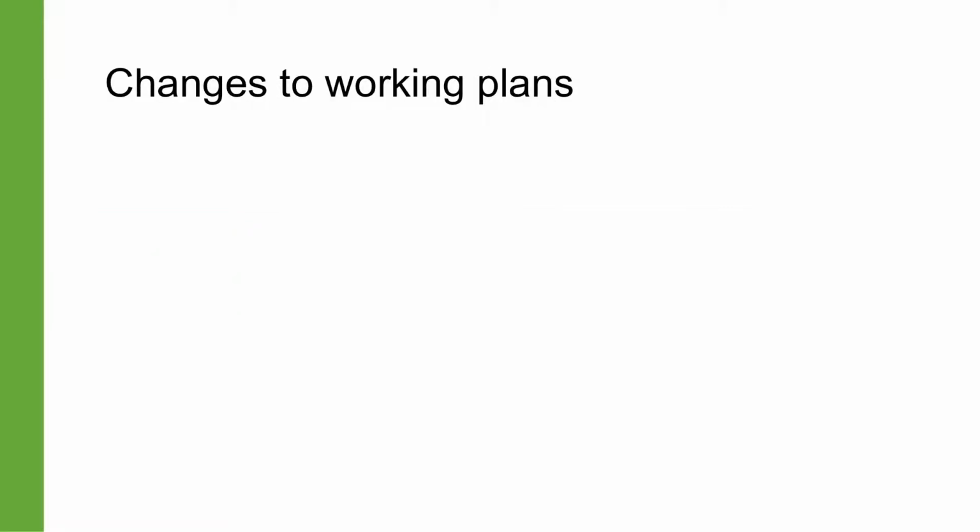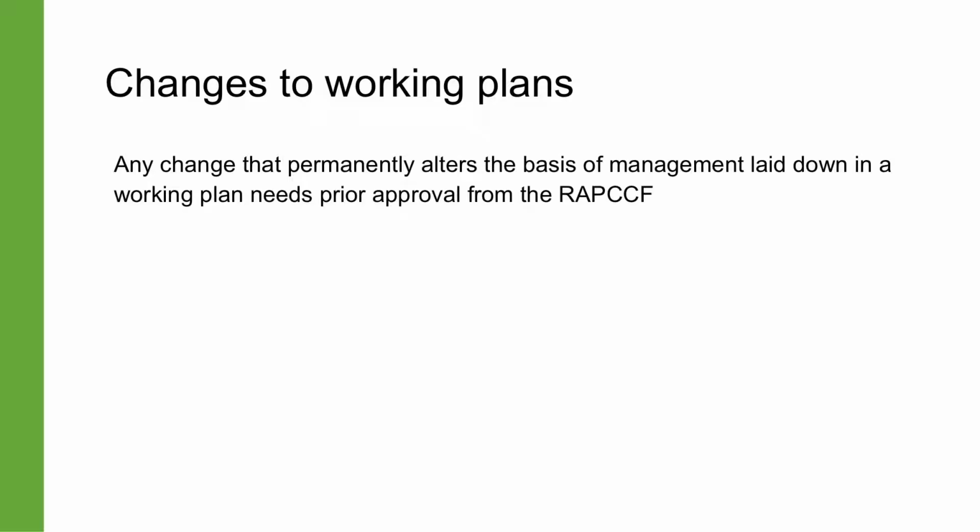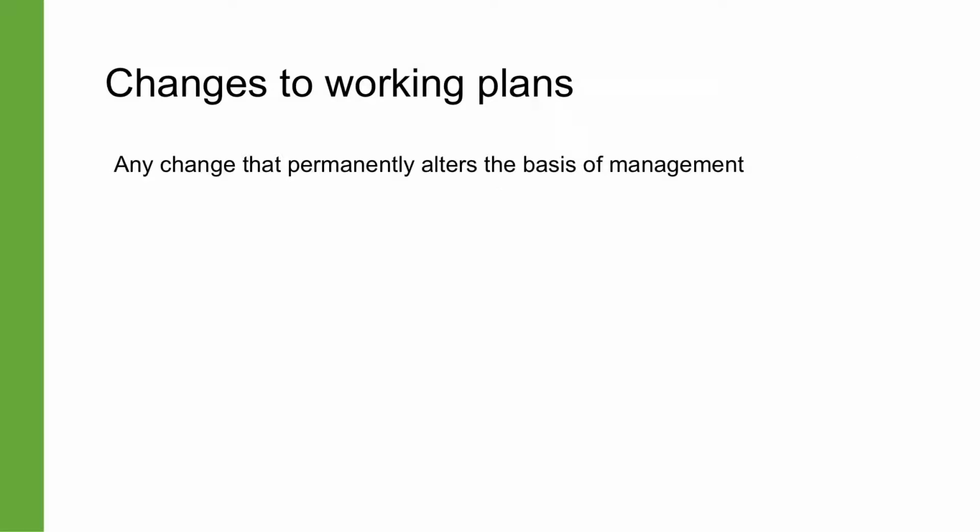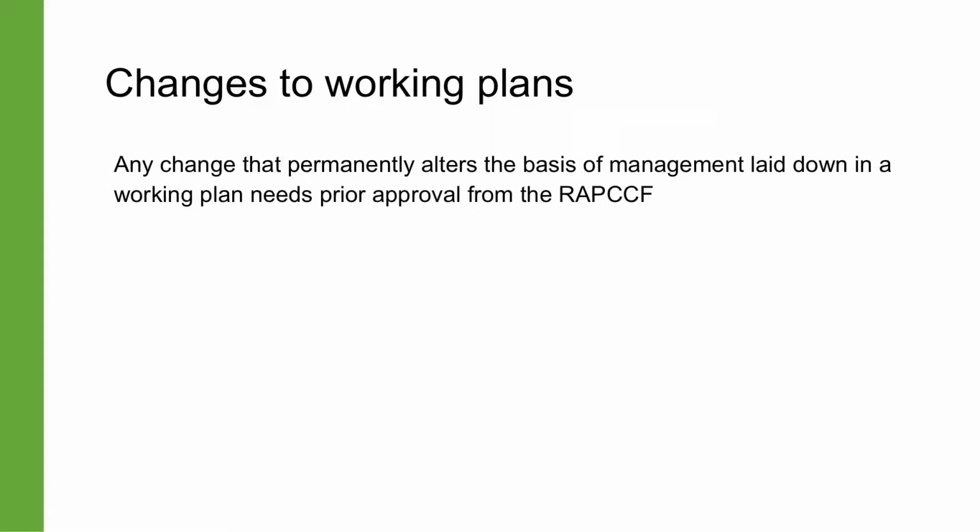Any change that has to be made to the working plan after that, which permanently alters the basis of management laid down in it, such as any clear felling of natural forest or large-scale felling due to natural calamities that cannot be adjusted against the future yield, will require the prior sanction of the RAPCCF.